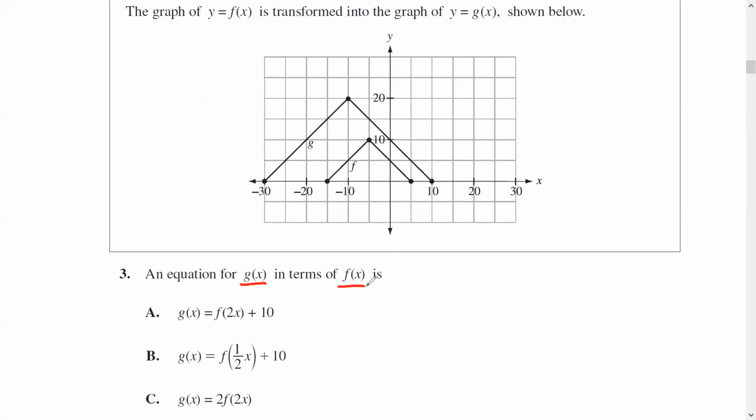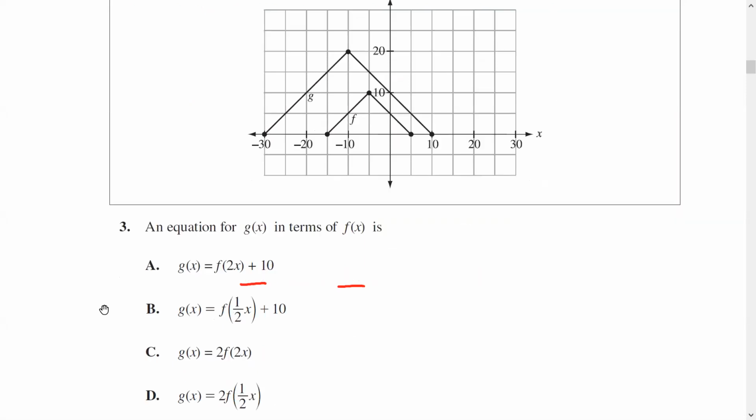Alrighty, you're back. So first thing I'm going to do is take a look at my answers here. And I notice that all of them have a horizontal stretch. So I know these graphs have definitely been horizontally stretched. At the end, what you've got to figure out is, has it been vertically translated or vertically stretched?